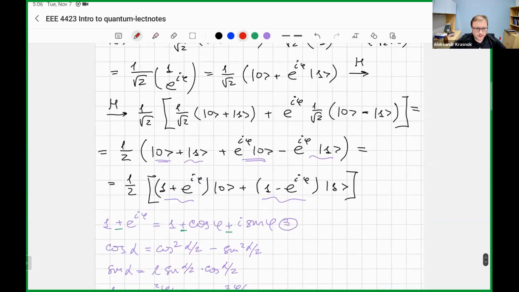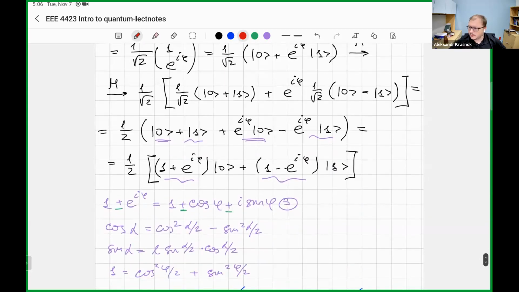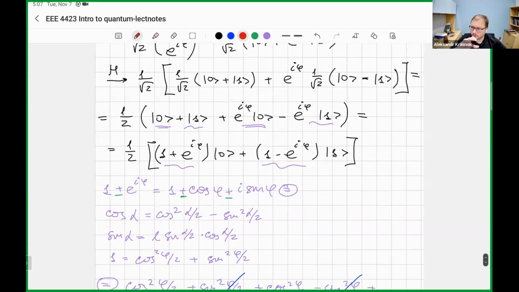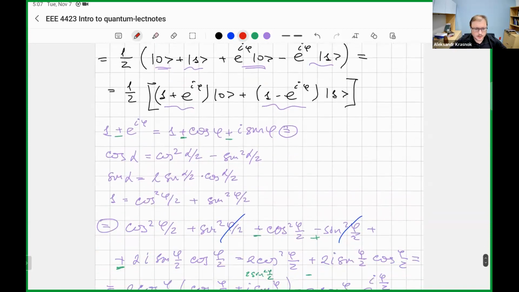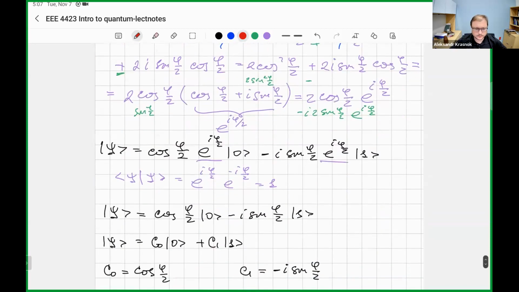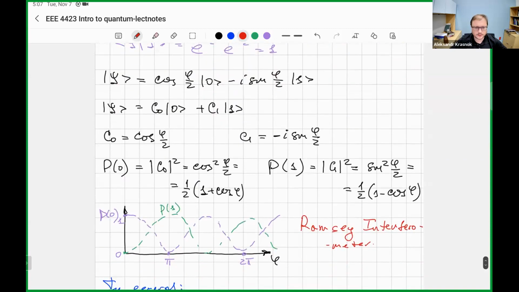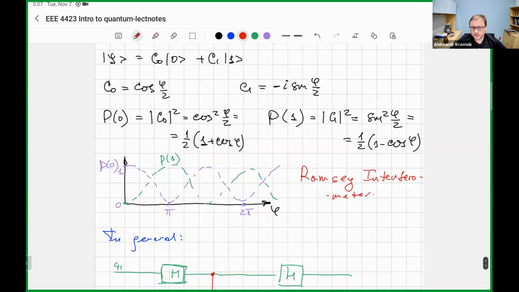Then of course we measure the circuit at the end by putting in the measurement gate, and the probability of detecting 0 or 1 at the end of the circuit depends on the phase of the phase qubit in a controlled way.